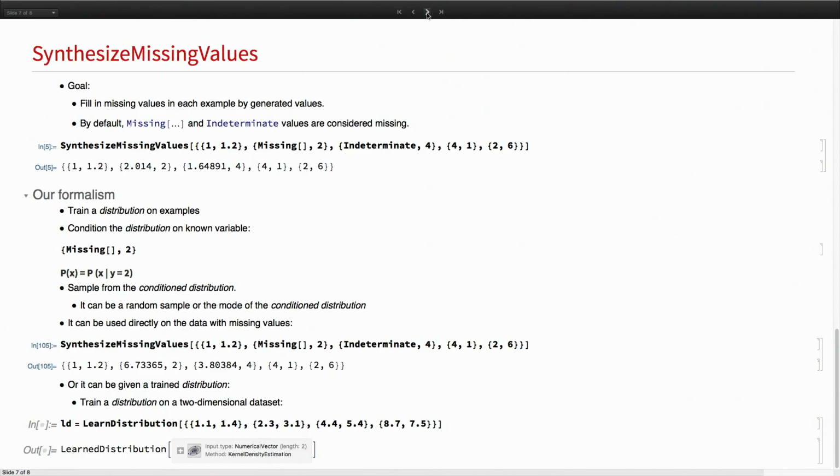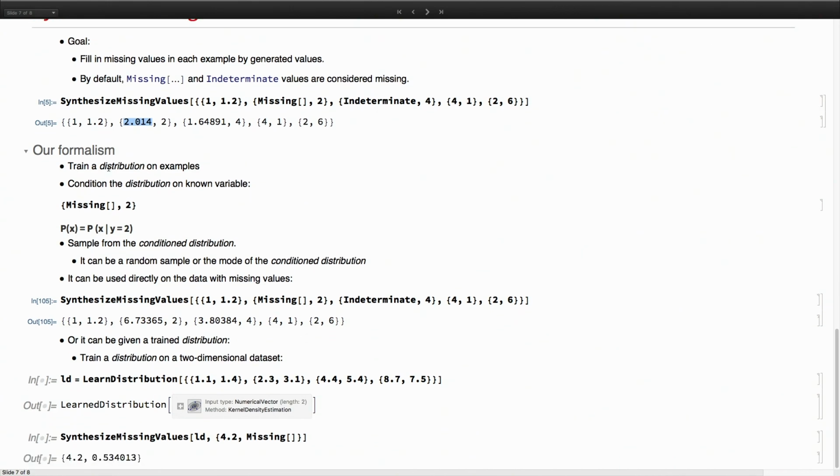Briefly, I would also talk about another unsupervised learning function that we developed, which is SynthesizeMissingValues. The goal of it is filling missing values in each example with a generated value. By default, if you have a data set with the symbols Missing and Indeterminate, it would pick them up as missing values and fill in new values for them.